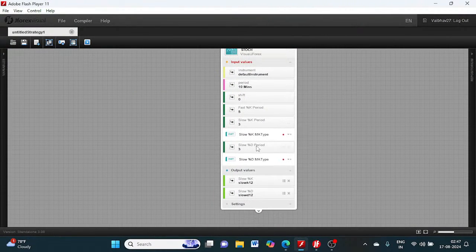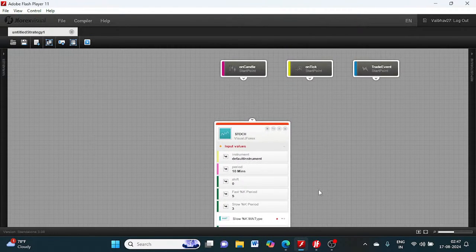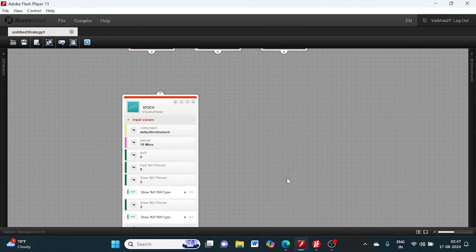I have also showed you the kind of adaptive uses and the values which we need to put in for these indicators to work using this platform.